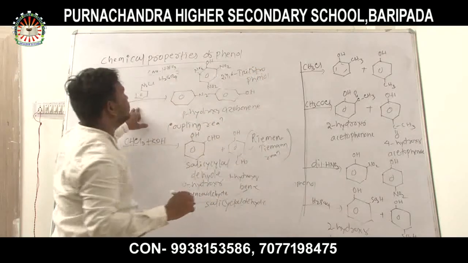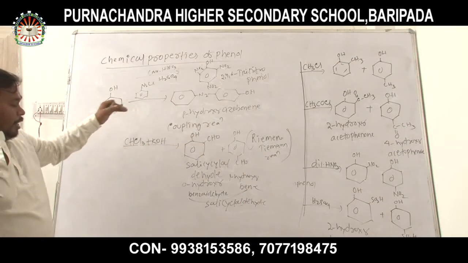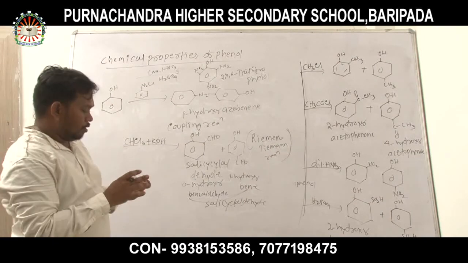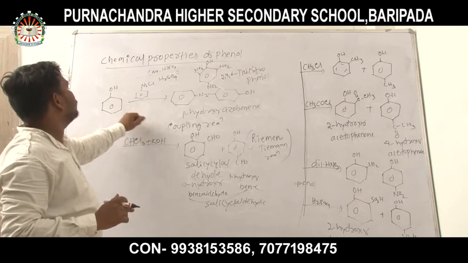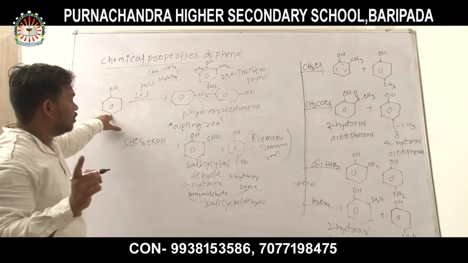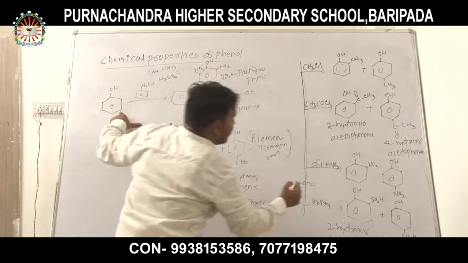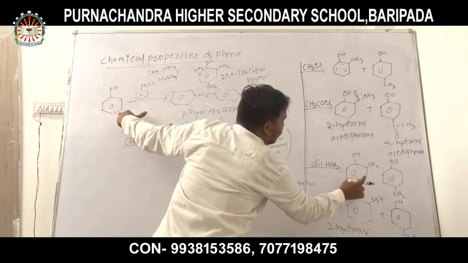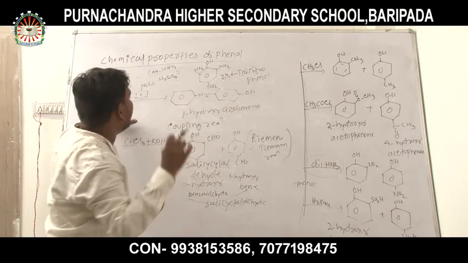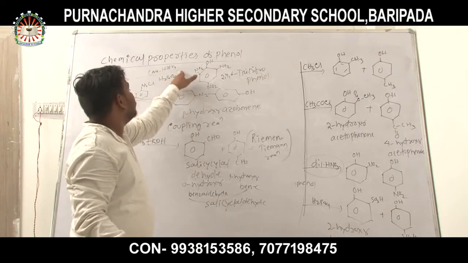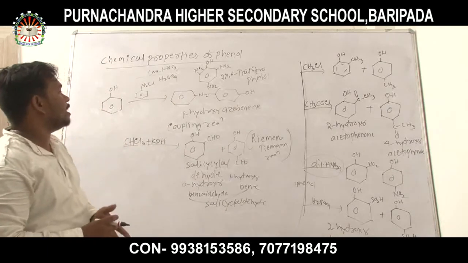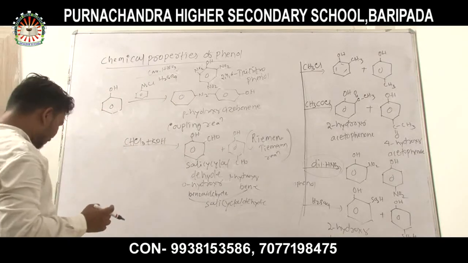For the difficulty students face in examinations, there are two important reactions. When phenol is treated with dilute HNO3, then two isomeric products are formed. But when phenol is treated with concentrated nitric acid and concentrated H2SO4, then 2,4,6-trinitrophenol is formed.